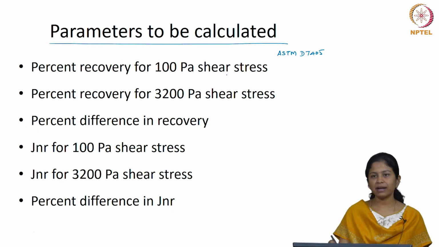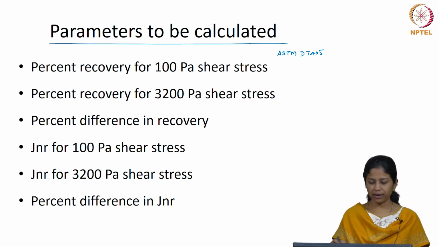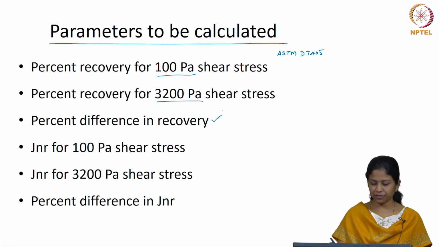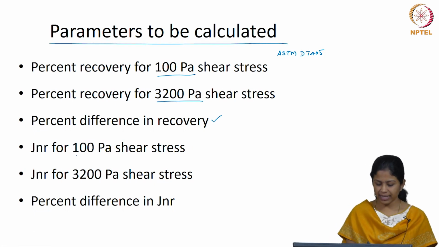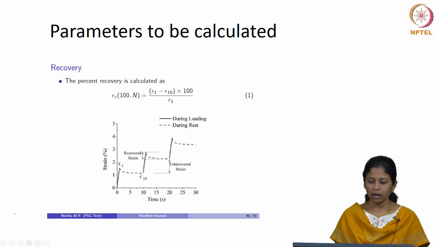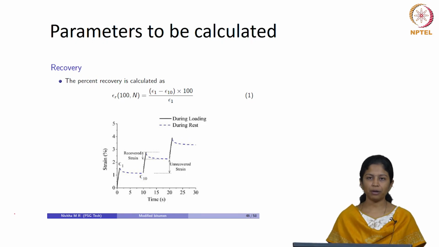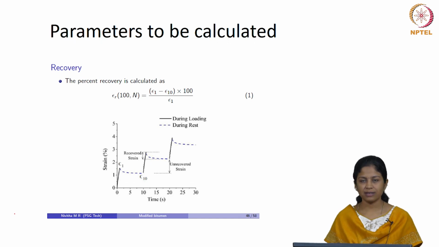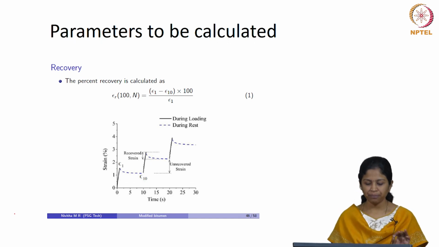So, we can see that we calculate the percentage recovery for 100 Pascal shear stress and 3200 Pascal shear stress, and the percentage difference in recovery. Similarly, JNR for 100 Pascal and 3200 Pascal shear stress and the percentage difference in JNR. So, this is a snapshot from a previous lecture in which I explained what an MSCR test is and what are the parameters to be calculated.